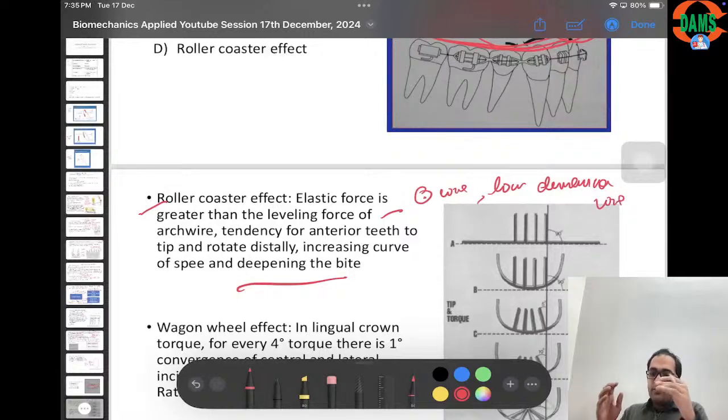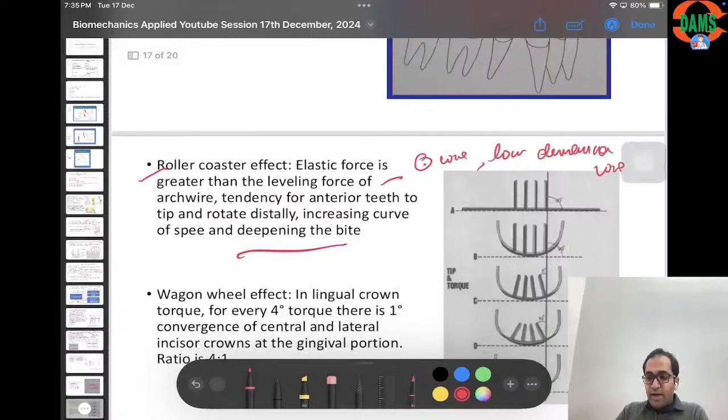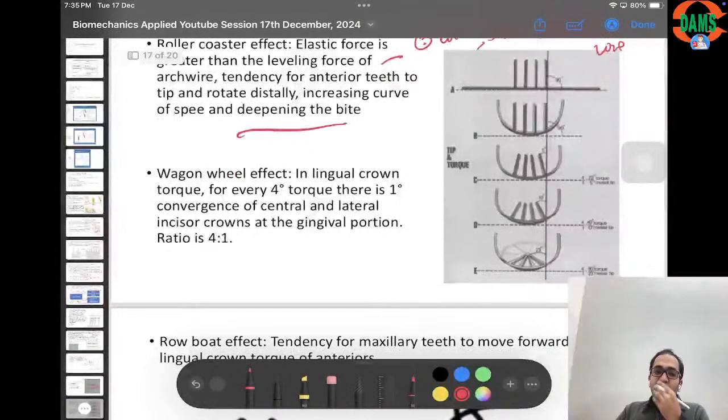So what happened? The force was more, the wire bent, and because of that it led to a deepening or increased curve of Spee, or deepening of the bite anteriorly. Okay, next comes the wagon wheel effect.